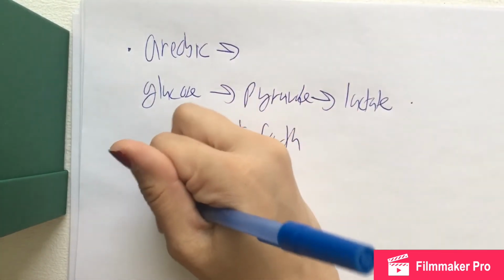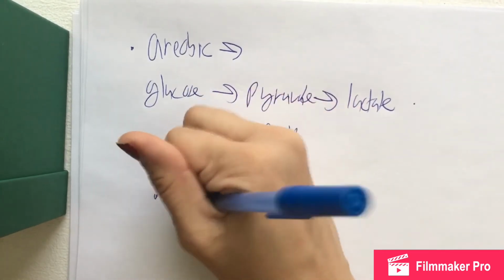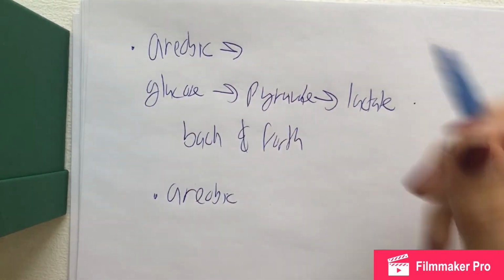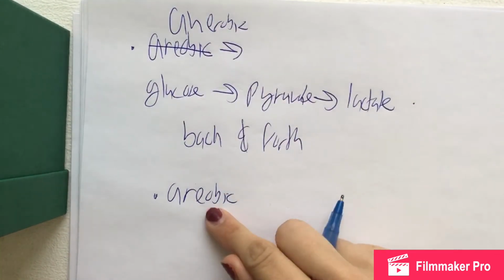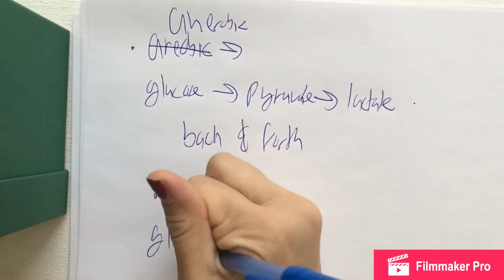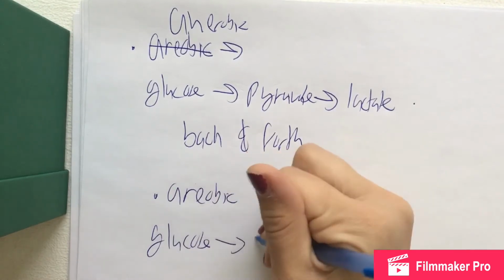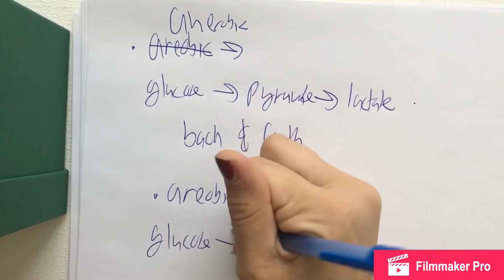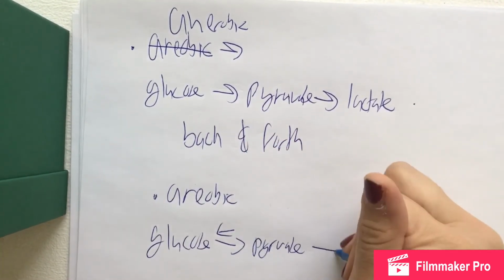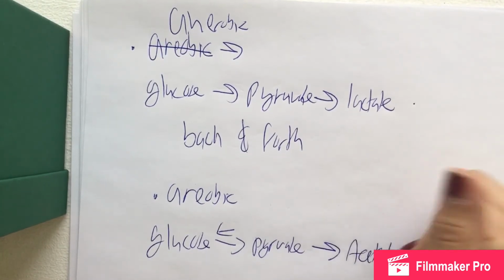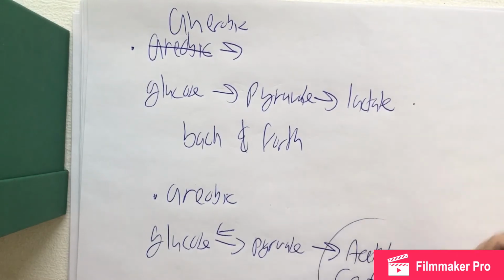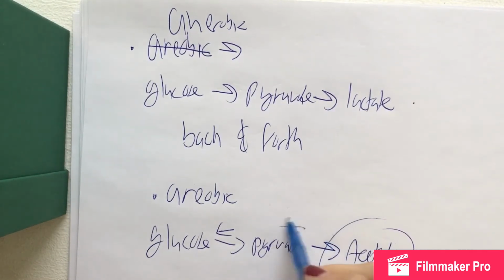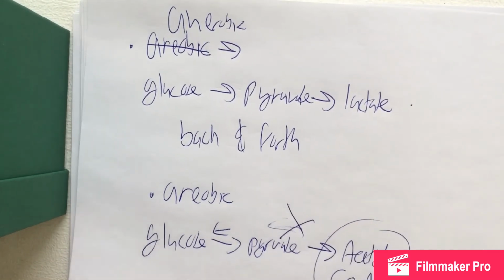The other option with the aerobic, I messed up on this one, this one's anaerobic, is when glucose goes to pyruvate, which can go back and forth, but once it's converted to acetyl-CoA, it cannot be converted back to pyruvate.